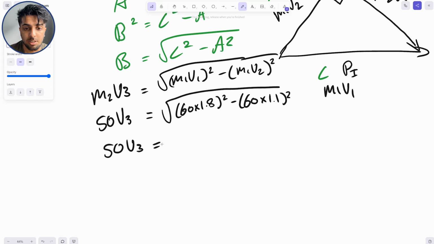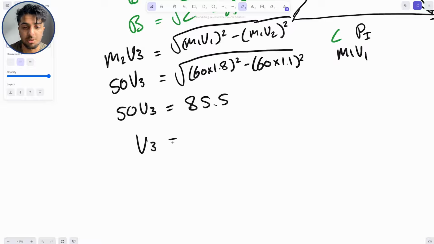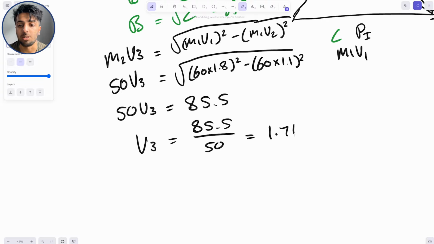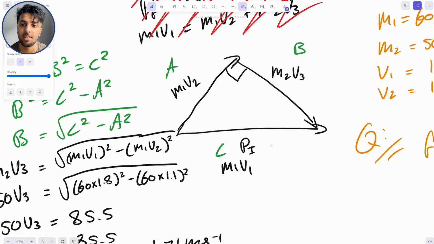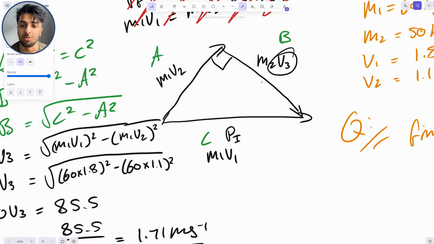So 50 v3 is equal to 85.5. And so v3 is equal to 85.5 over 50. And that's equal to 1.71 meters per second. And so that's the velocity of v3.